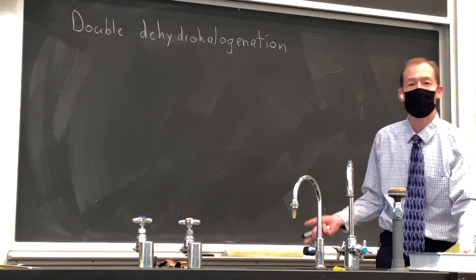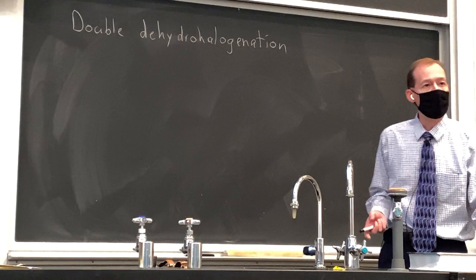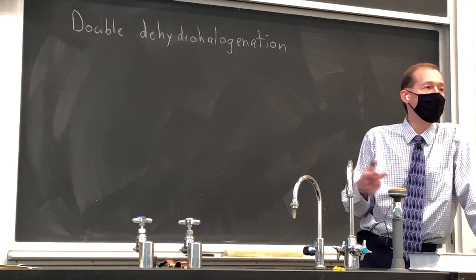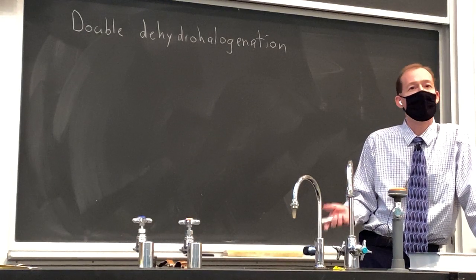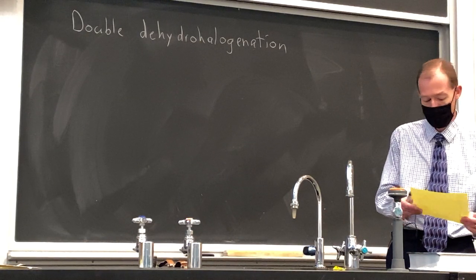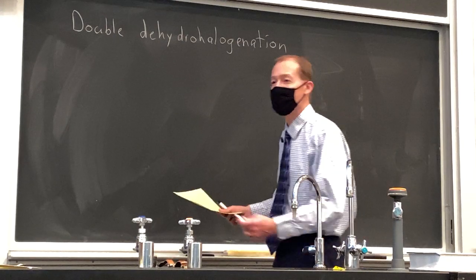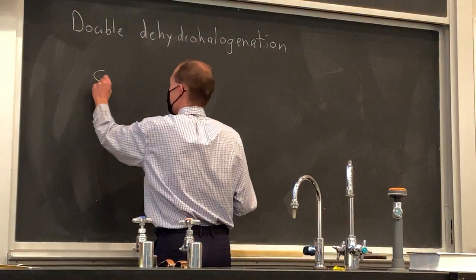That's kind of a mouthful, but that just means that we are performing 2 consecutive E2 reactions, 2 consecutive dehydrohalogenations to make our alkyne. And so we're required to have a dihalide, not just a monohalide, but a dihalide in order to produce an alkyne. And there's 2 possible types of dihalides that we could use.